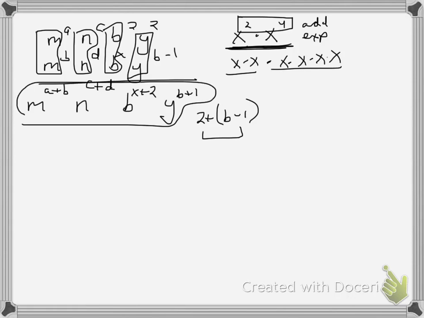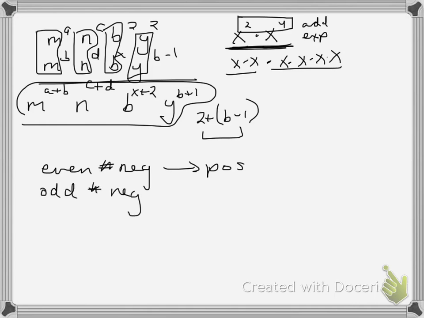Now on the bottom part of 1.7a, which we have not assigned to you, it's just reminding me that an even number of negatives being multiplied together would lead to a positive, and an odd number of negatives multiplied together would lead to a negative answer.